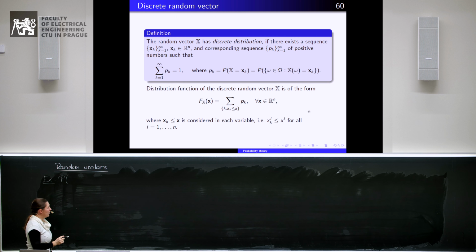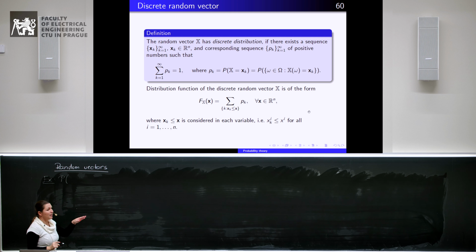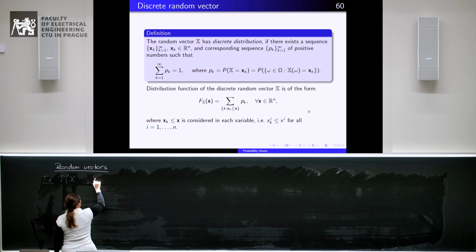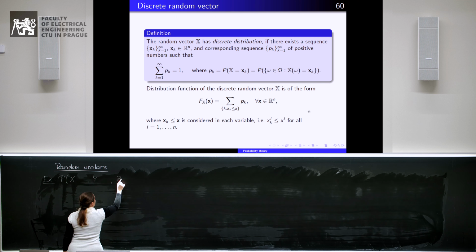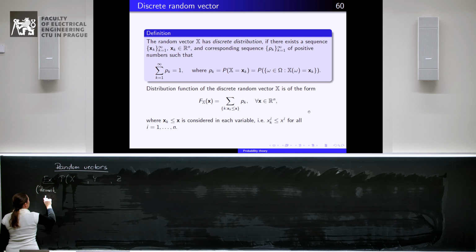We have a discrete random vector where I will denote its variables not X1, X2, X3, but X, Y, and Z. Just a short remark.